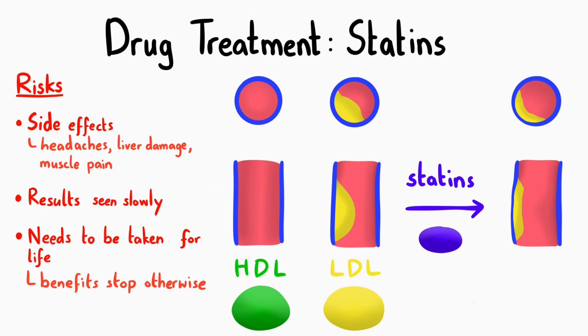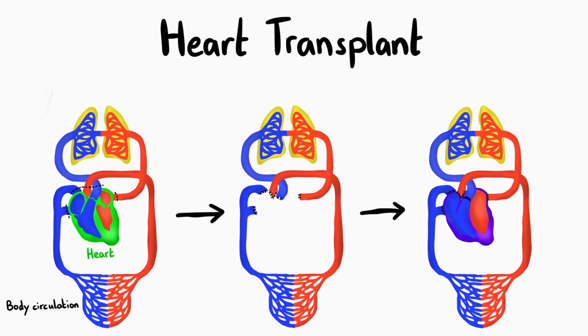Another con of using statins is that they can take weeks or months to have any noticeable effect, and a patient will need to continue taking them to keep receiving the health benefits. If they stop, the condition will likely continue to worsen. In cases where a heart attack has occurred, more drastic interventions may be necessary.